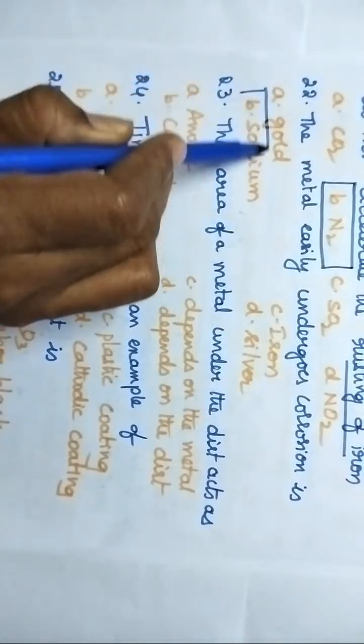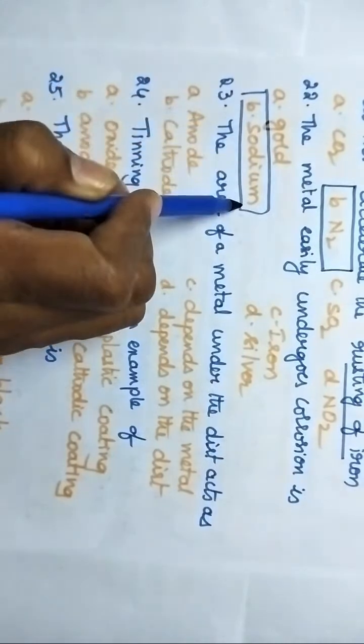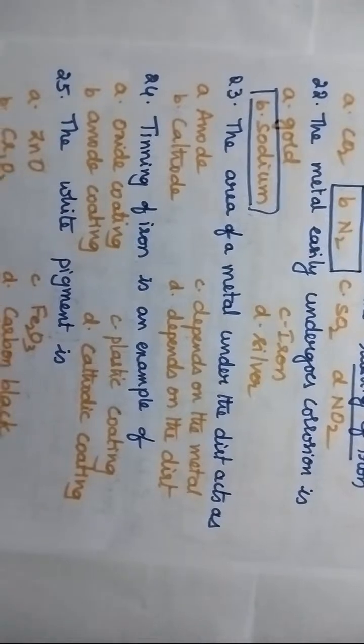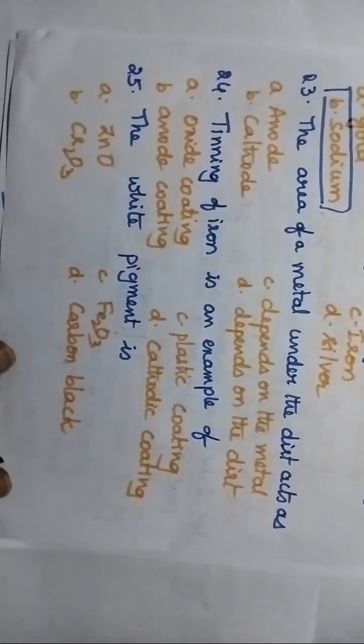Which occupies top position will undergo corrosion more readily? Very good, Charan Sai. Sodium occupies the top position among the given metals and hence undoubtedly sodium undergoes corrosion. Very good, Aditya, Vaishnavi, Sriram. Moving to the next question.